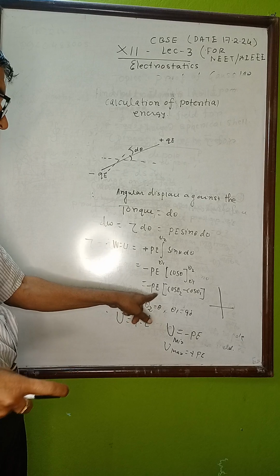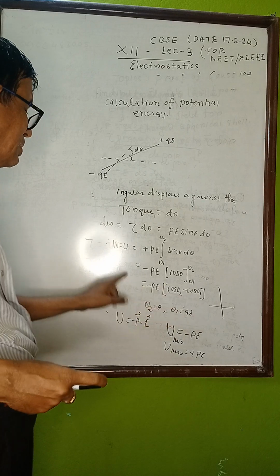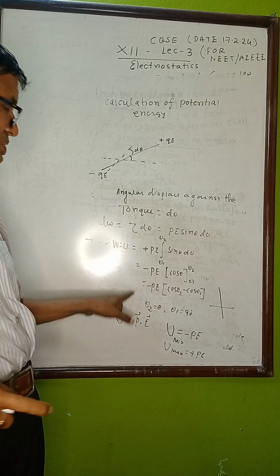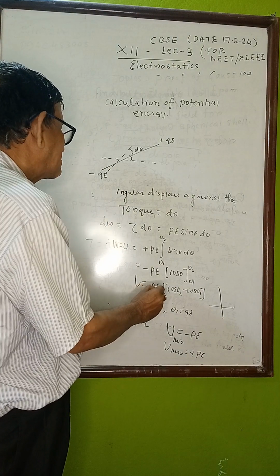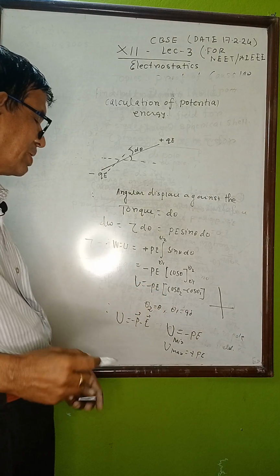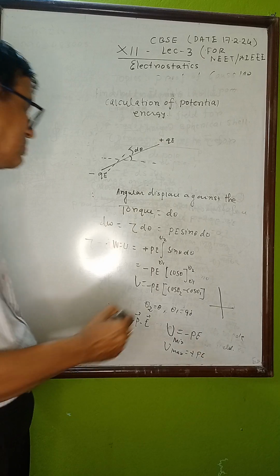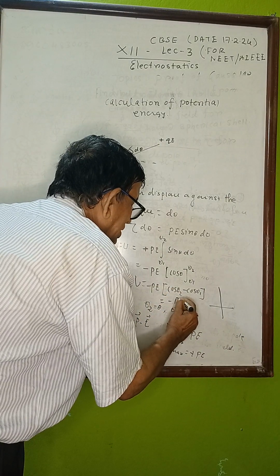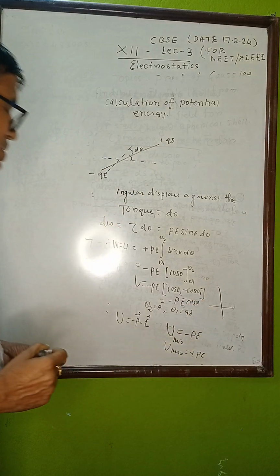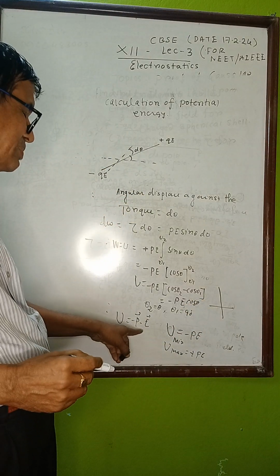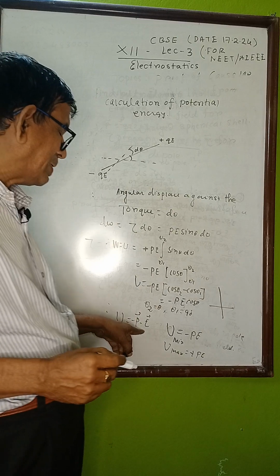So you are getting minus p times cos theta 2 minus cos theta 1. This work done is stored as the potential energy. So we have potential energy U equal to minus p cos theta. Now minus p cos theta means minus P dot E. So that is the potential energy formula for a dipole in an electric field.